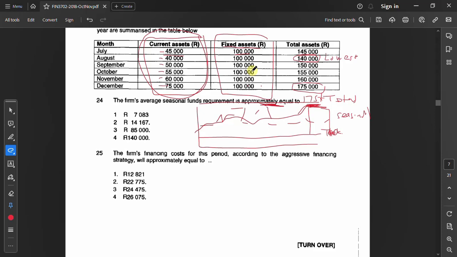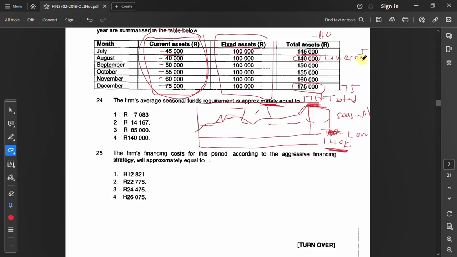So the lowest point is actually 140. The seasonal would be the difference. Yeah, the working is correct. This needs to be 140, because that's the lowest point, taking your current and your fixed into consideration, because it's the total.